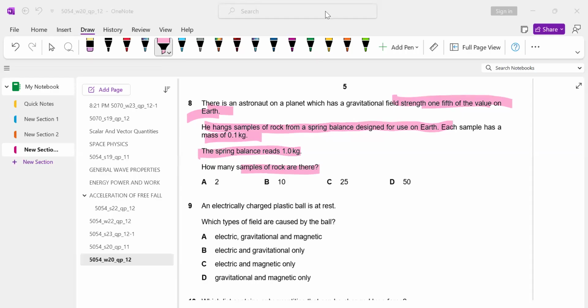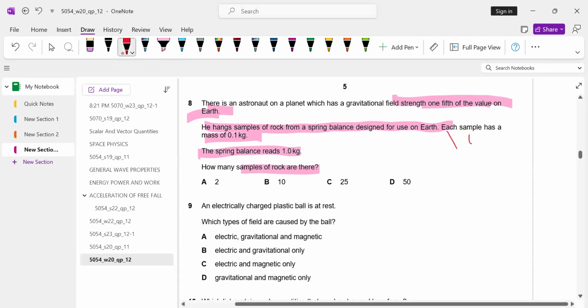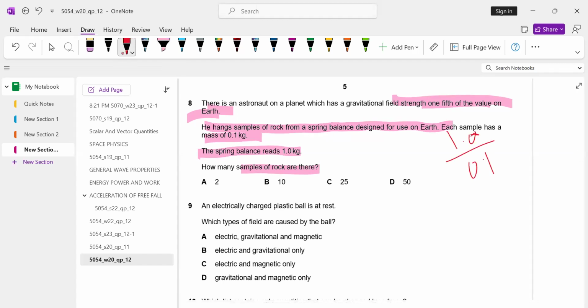Given that the spring balance reads 1 kg, what you have to do is 1 divided by 0.1. 1 divided by 0.1 gives 10. So 10 samples are needed on the Earth. Now it's given that the gravitational field on the planet is 1/5 of the value on the Earth.